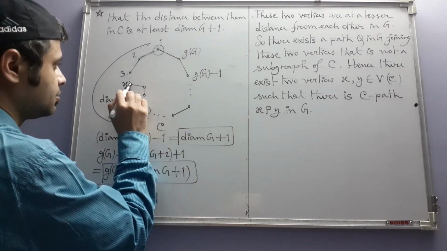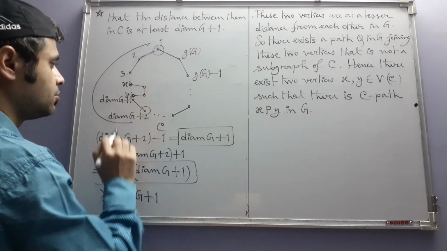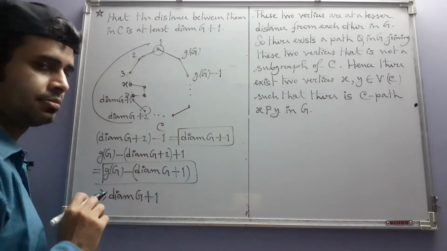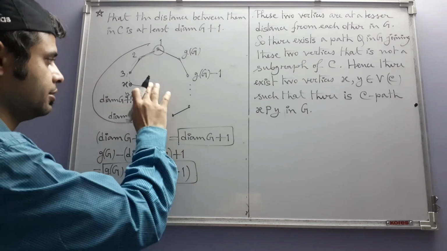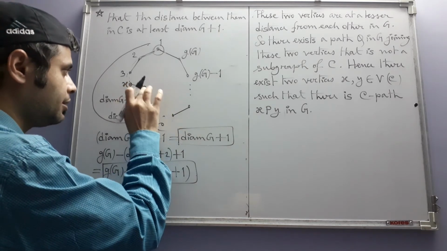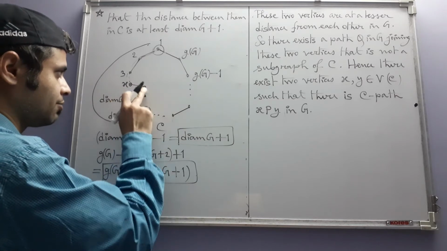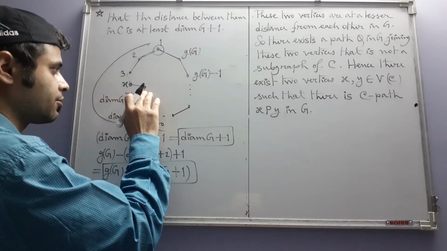That is, it's a path all of whose inner vertices, yes, I was searching for that terminology, all the inner vertices are not in C. Here it looks like a path of length 3, but that's not the thing.